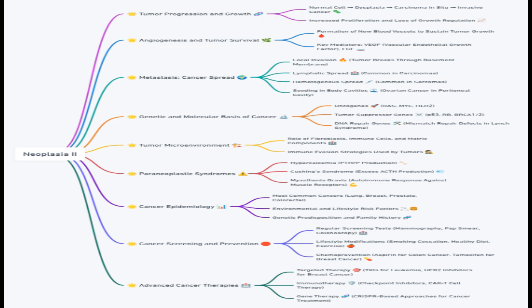Palisading nuclei and retraction artifact are hallmark features of basal cell carcinoma, and the clinical correlation is seen in sun exposed areas like the face, nose, and upper lip, and it is locally invasive but rarely metastasizes.